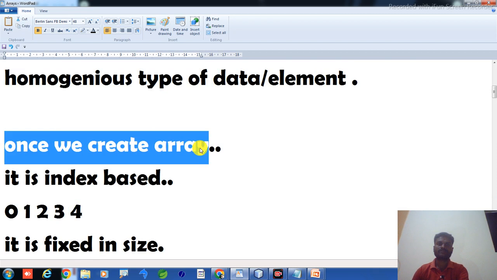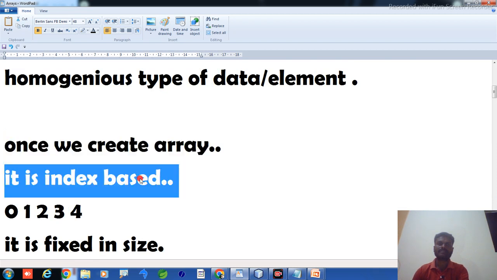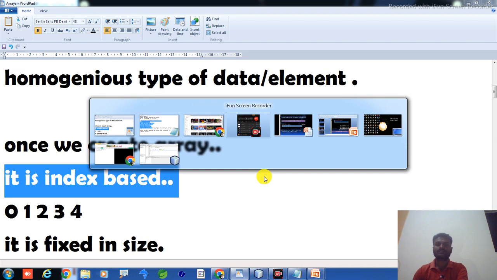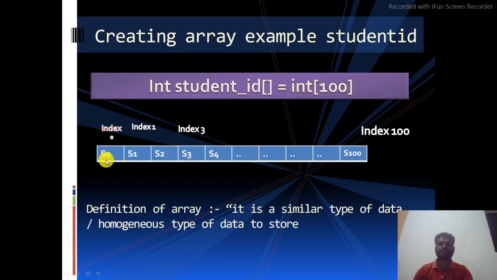Once we create an array, it is index based. I will show you. Suppose I am creating student S0, student S1, student S2, student S3, up to student 100. Student S0 is at index 0th position, S1 at index 1, S2 at index 2, S3 at index 3, and S100 at index number 100.